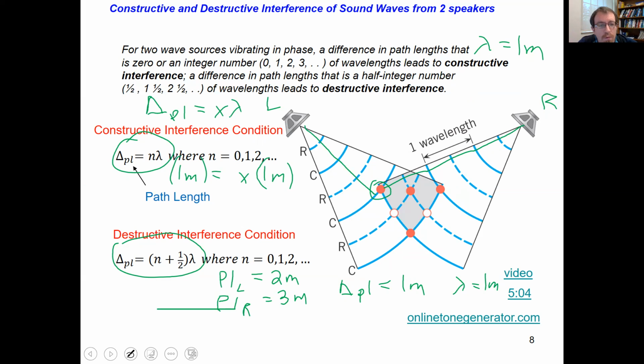I've stuck in 1 meter for my lambda, and I can figure out what X is right away here. X is going to be equal to 1. Okay. Well, if X is equal to 1, that satisfies my condition for constructive interference. If that multiplier on lambda is an integer, 0, 1, 2, 3, so on and so forth, that means I've got a constructive interference spot.